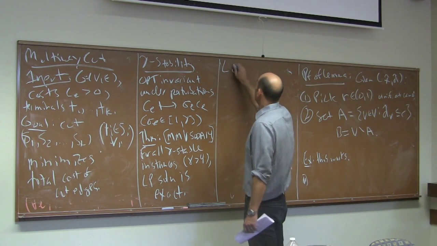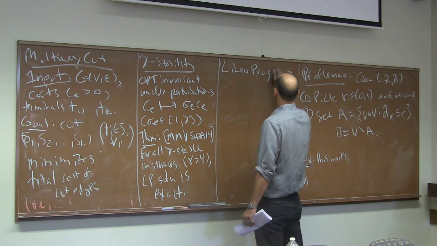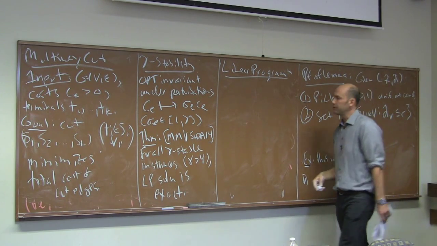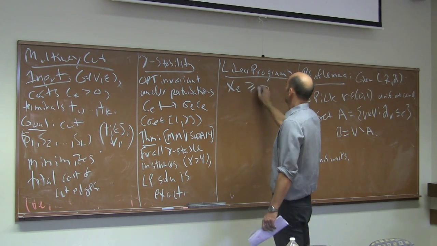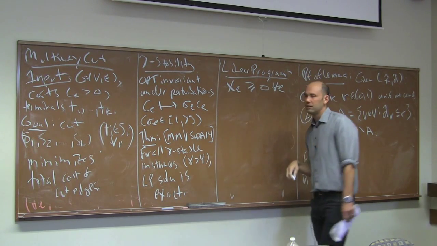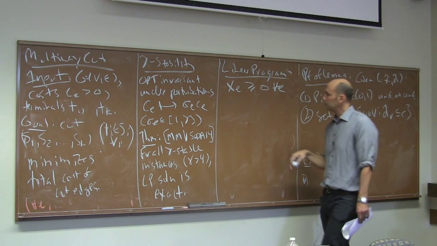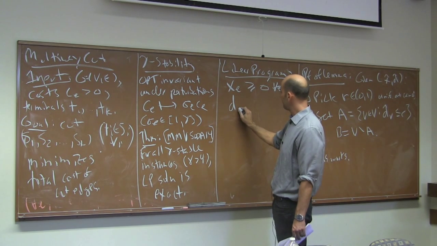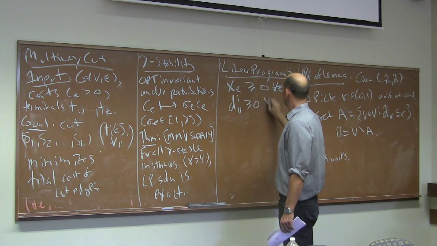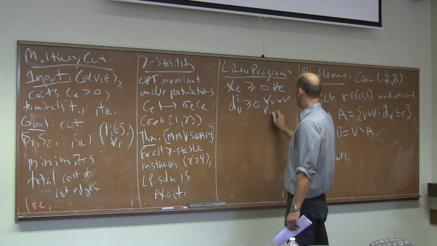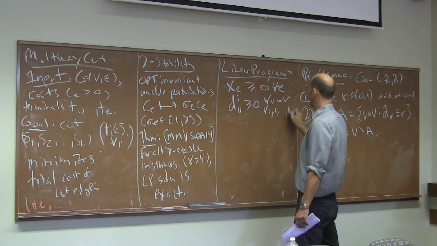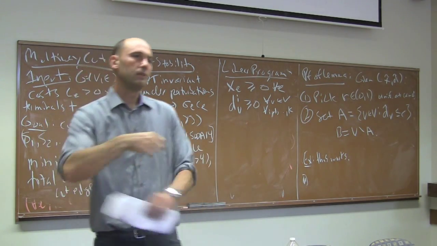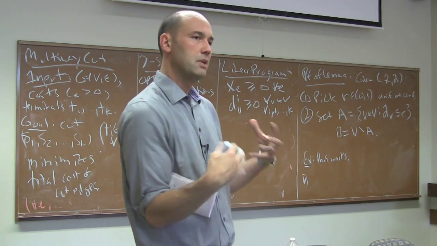All right, so I need to tell you what the linear program is. This is a quite nice and natural generalization of the one I already showed you. Again, we have variables saying the extent to which an edge is cut, so we again have these d values, but the semantics are slightly different. This is for all vertices v and for all i equal 1 up to k. For a vertex v, d_iv is meant to say the extent to which this vertex has been assigned to the ith group.